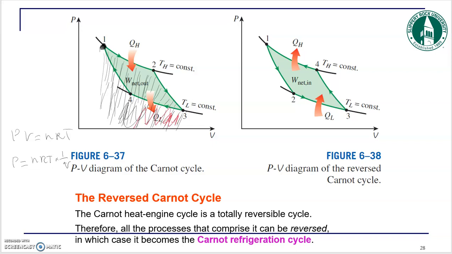So this red area is the work done on the gas. The difference between the black and red area is the net work done by the gas, right? So this is a heat engine operating between TH and TL, and that's the maximum efficiency that a heat engine can have, because all the processes we assumed were reversible processes, right?